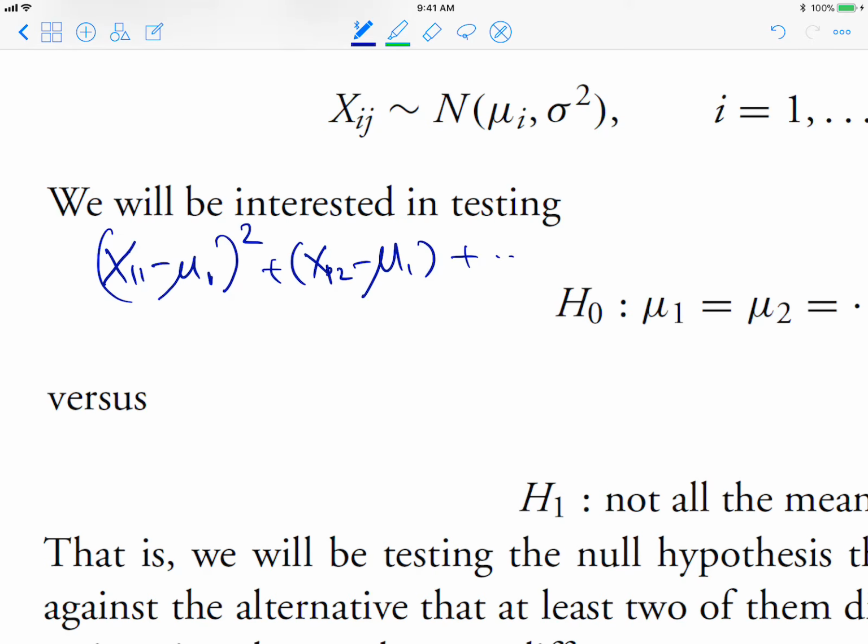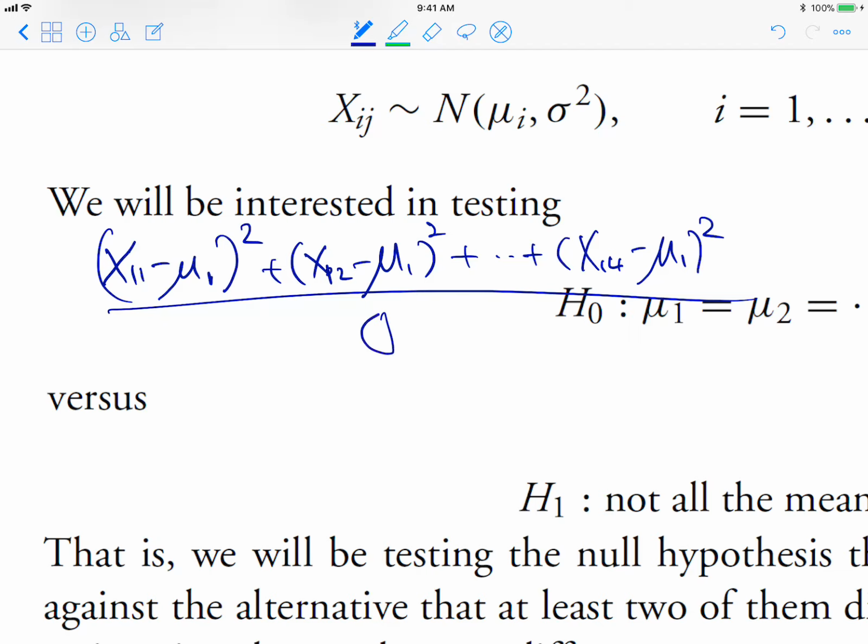We skip one and take this last one, and then divide by sigma squared. What does it follow? It's a chi-square distribution with the degree of freedom of 4, right?